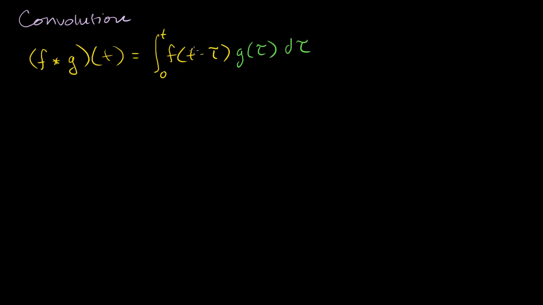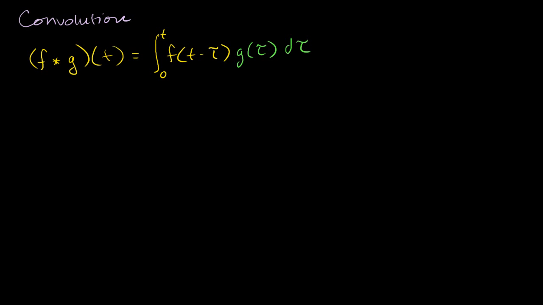Now this might seem like a very bizarro thing to do, and you're like, Sal, how do I even compute one of these things? And to give you that comfort, let's actually compute a convolution. It was hard to find some functions that are easy to analytically compute, and you're going to find that we're going to go into a lot of trig identities to actually compute this.